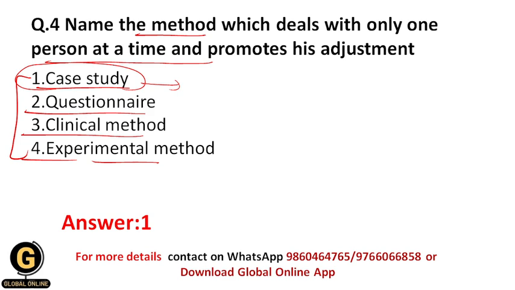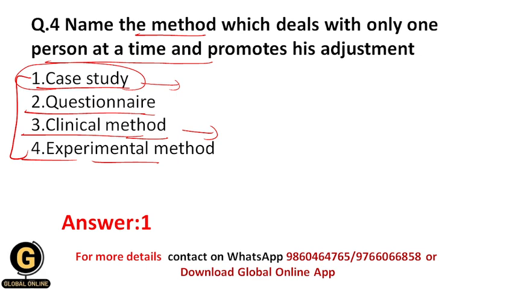As we know, a questionnaire is a self-reporting technique in which the researcher asks questions to the respondents and the respondents themselves give the answers to the researcher. The clinical method is used in clinical areas such as laboratories or diagnostic labs, and in the clinical method a researcher can study a single person, and maybe also a group of people who have common characteristics.